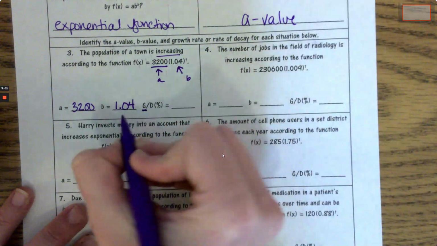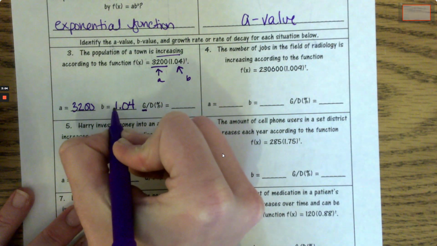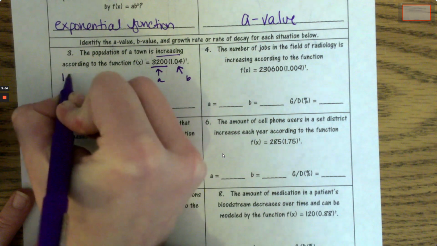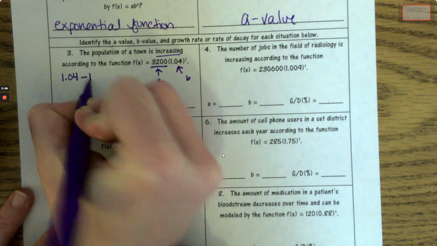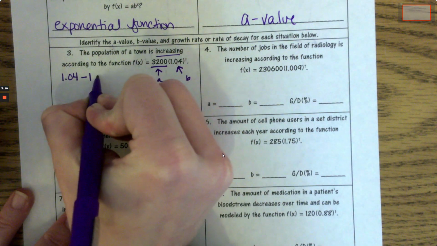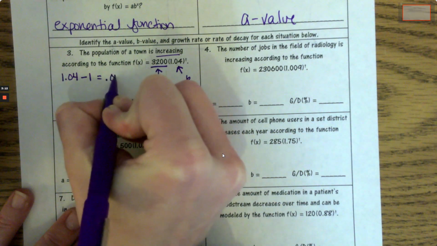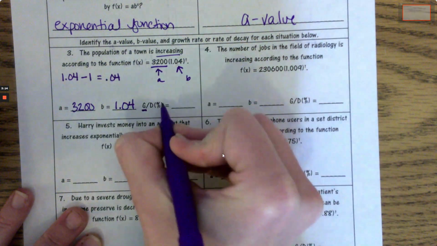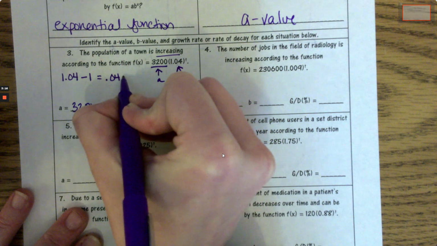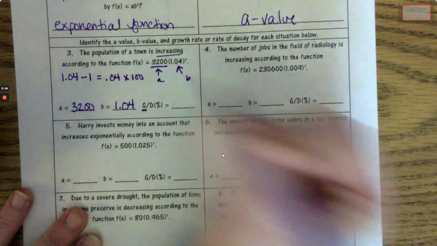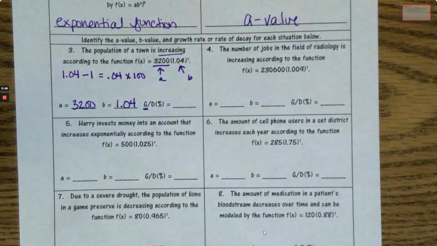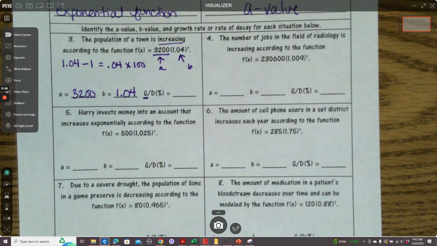And how I determine that amount, I'm going to take the b value and I'm going to subtract 1 from it. So you can do this in your calculator. And then I got to make it a percentage. So to make a decimal into a percentage, I multiply it by 100. Okay, so to show you what all of that would look like in your calculator.